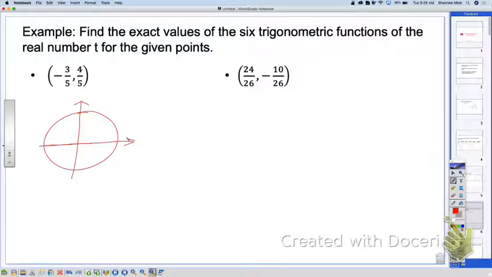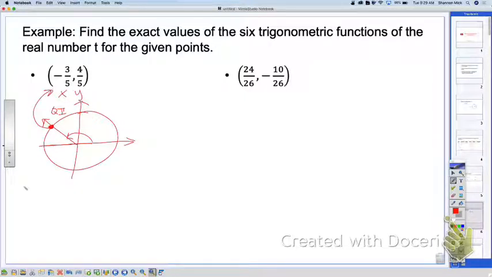Negative x, positive y would be quadrant 2. It's just the axis where that coordinate would land. So somewhere over here, right? Some angle like this. This point right here. This is x, this is y, yes?